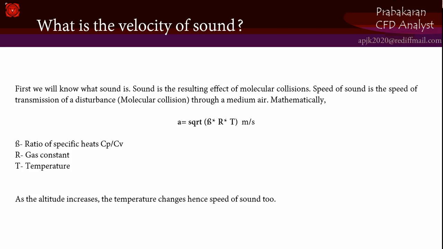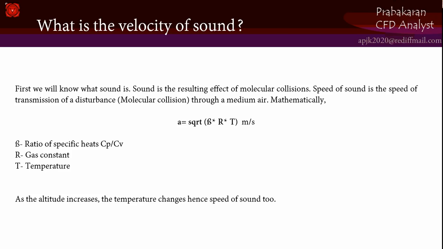Okay, we need to know about the velocity of sound. The velocity of sound, sound itself, is an effect of molecular collisions. So we can make a quantitative measure of it using the mathematical correlation found in aerodynamics.